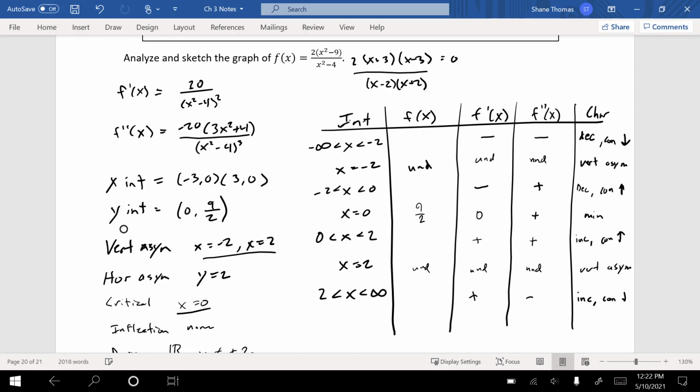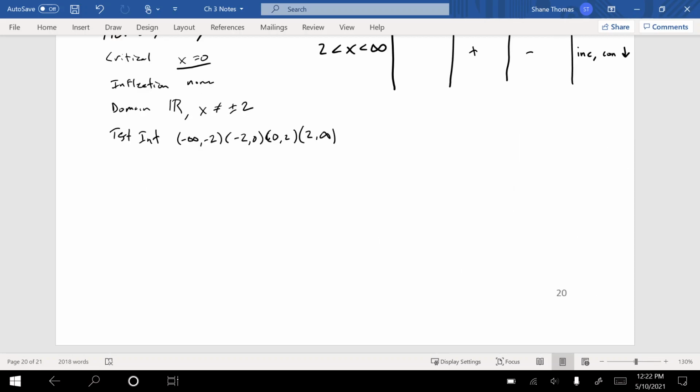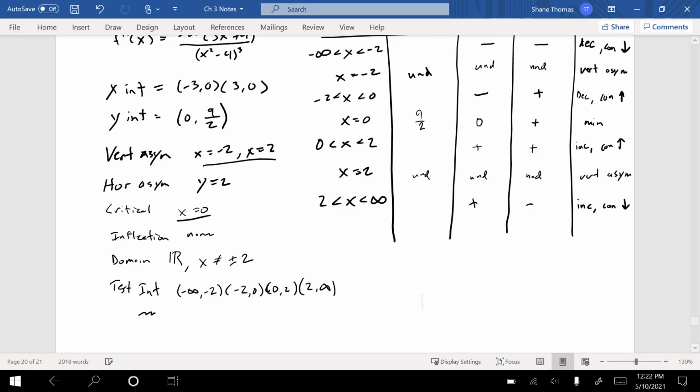All right, so let's go ahead and graph this guy now. So I'm going to have asymptotes at 2 and negative 2, a y-intercept at 0, right? All right. And I also know that that's a minimum there. Okay, so why is it not drawing? There.